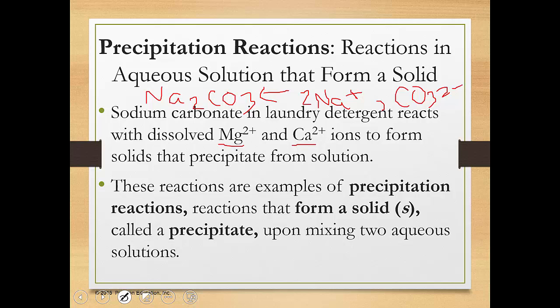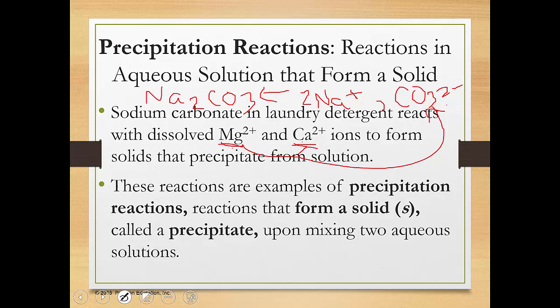Sodium carbonate in water exists as ions, but when I put that sodium carbonate into water that already contains magnesium or calcium ions, those ions can react with the carbonate, which is free in solution. Remember, according to the solubility rules, carbonates tend to be insoluble.